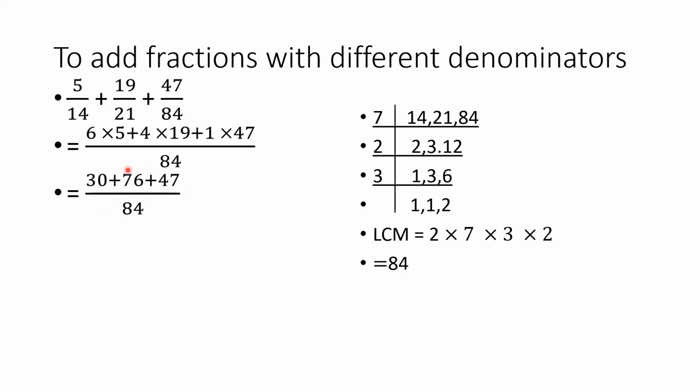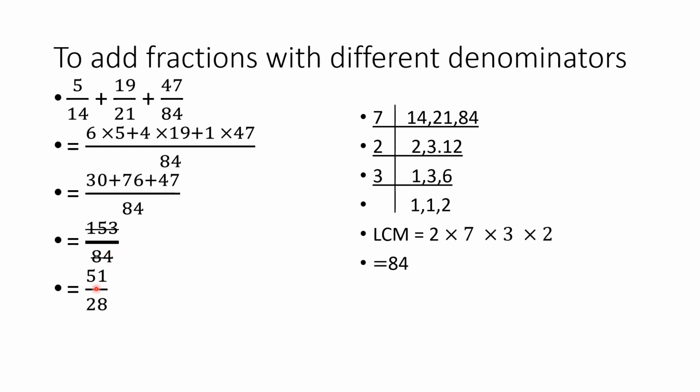Now we will add all these three. So here it is 153 by 84. Right? Now what we need to do? Yes, we will divide by a common divisor and we will find the simplest form of the fraction. So to find the simplest form, let us divide by the common divisor, which is 3.